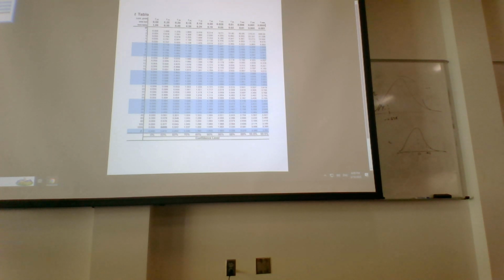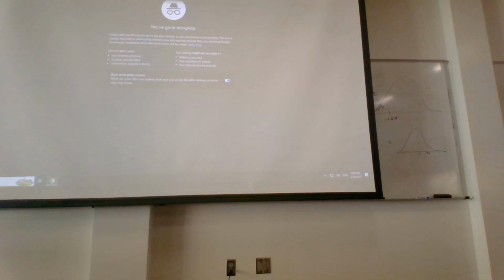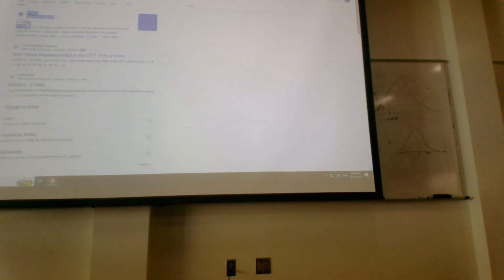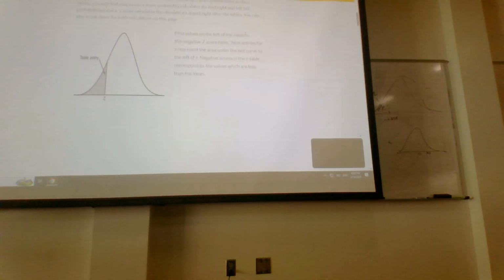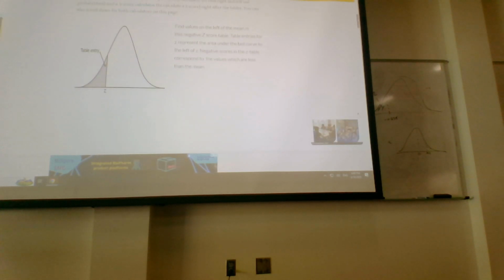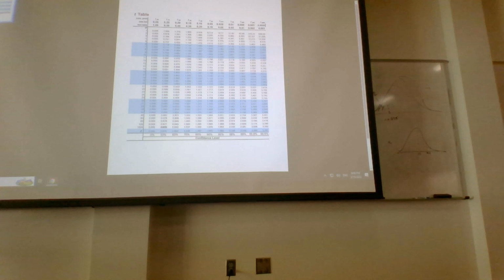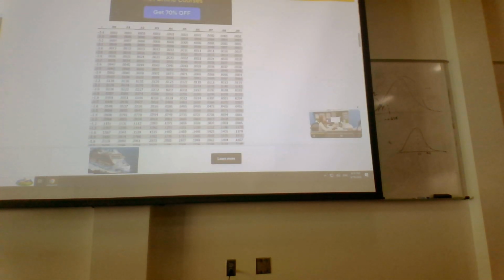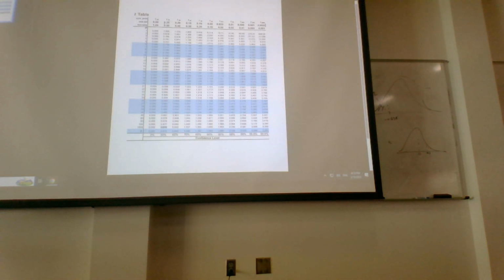If we had our Z table up still, and we wanted this area to be 0.25, then we would find it, because I'm going one side and not the other side. You'd be looking for 0.7.